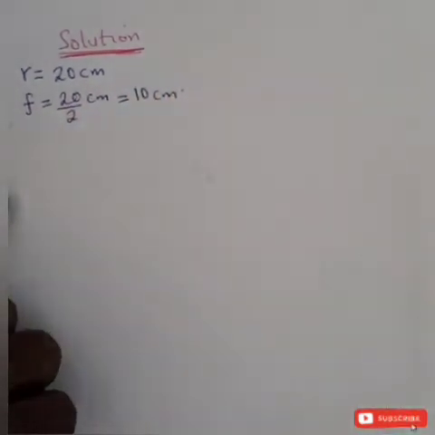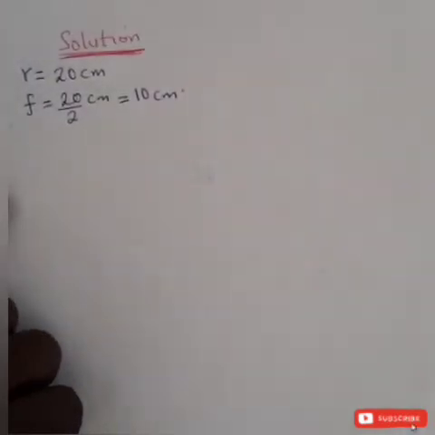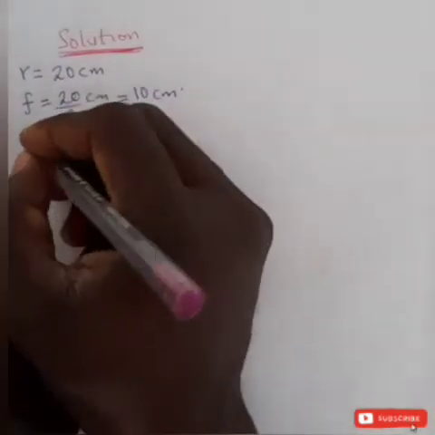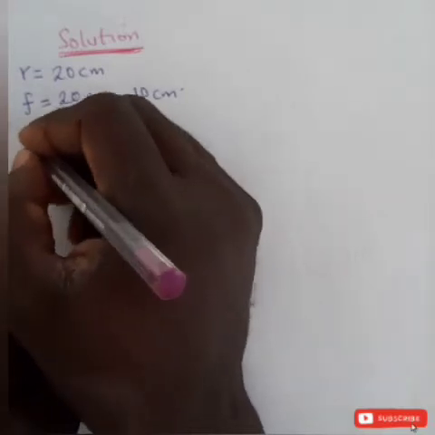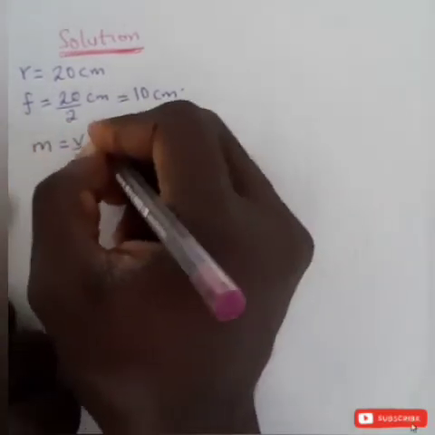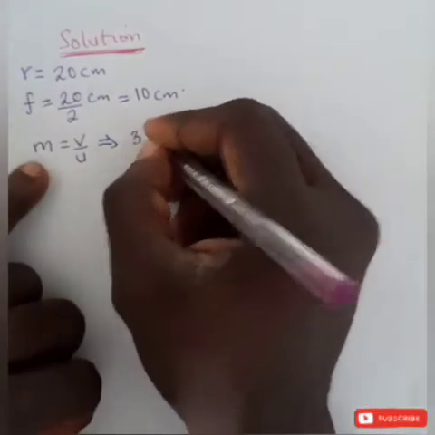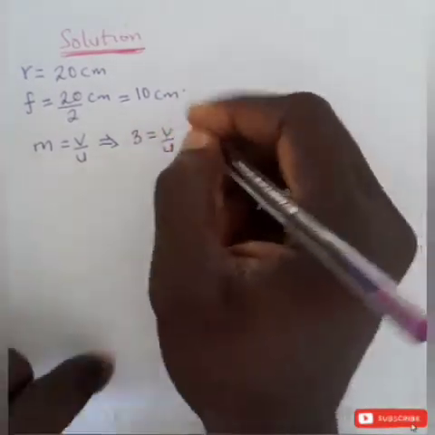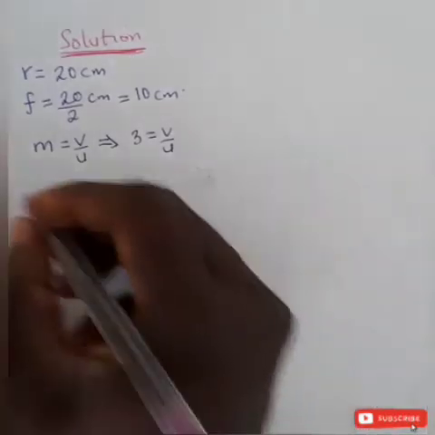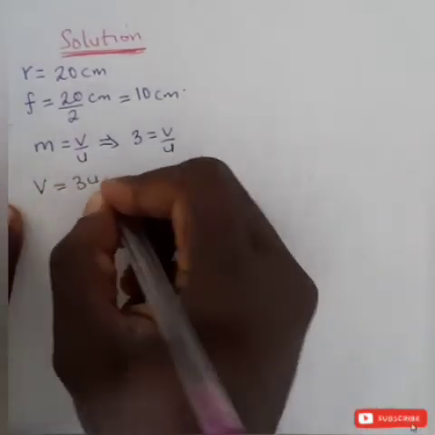Now we are told that the inverted image is 3 times the size of the object. So it means that the magnification is equal to V over U, which means that the magnification is 3, V all over U. So from here I'm going to make V the subject of the formula. So V is going to be equal to 3U.